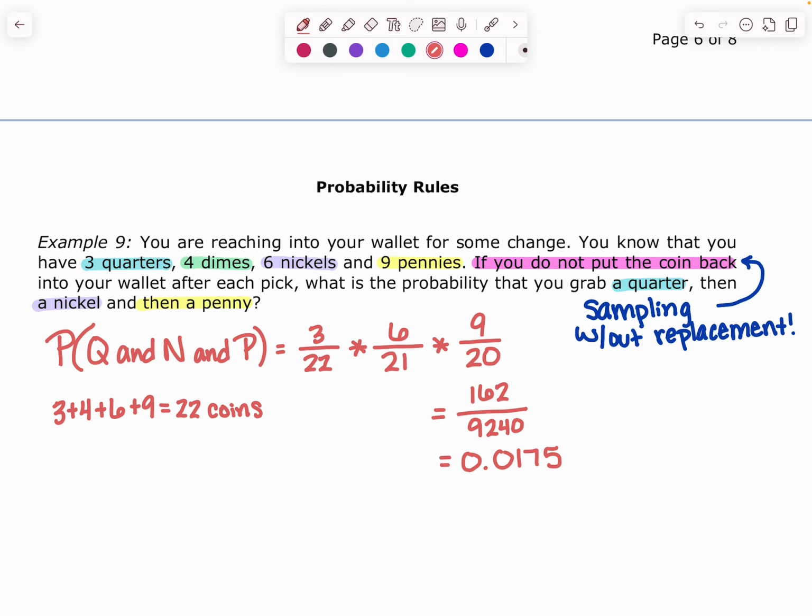So less than a 2% probability that I'm able to reach into my wallet with these coins in there and pull out a quarter and then a nickel and then a penny.